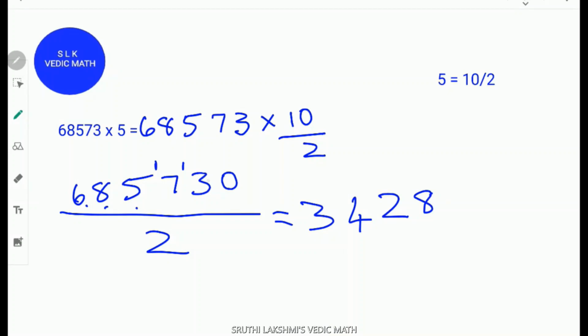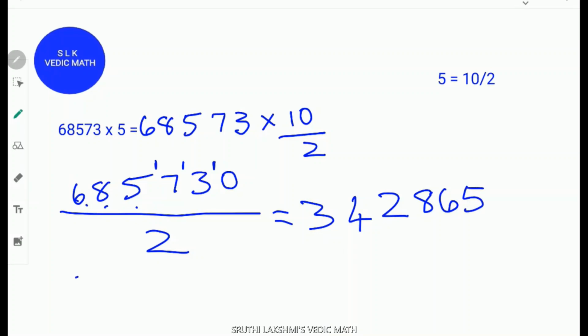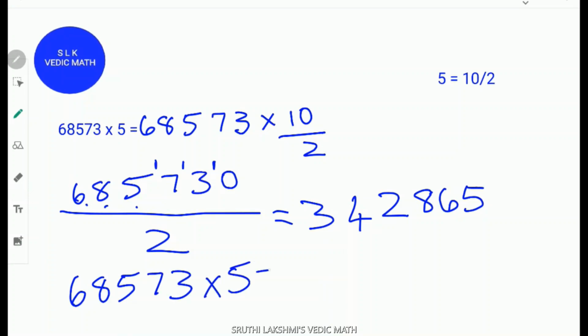So now it's 13. So 2 times 6 is 12. So write down the 6 and carry the 1. So 2 times 5 is 10. So write down the 5. So 68573 times 5 is 342865.